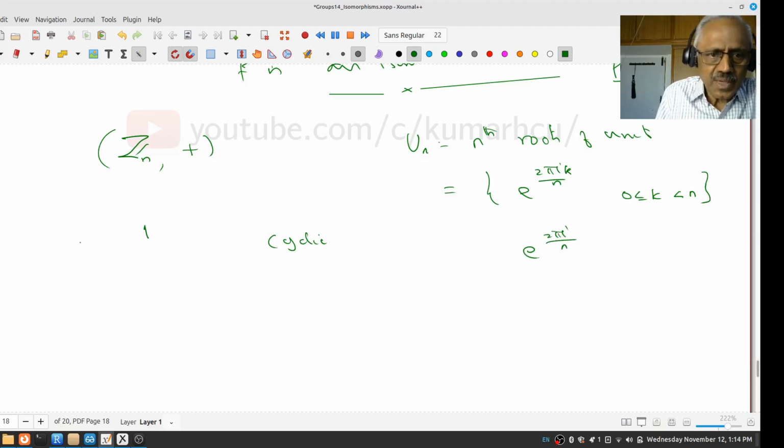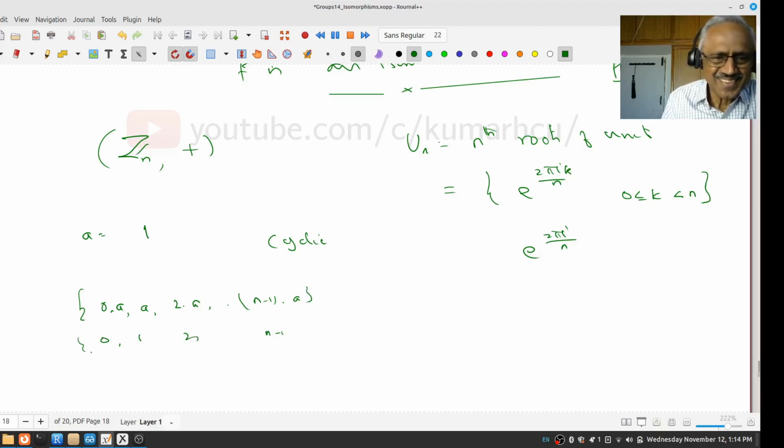So let us call this A. Therefore all elements of this are 0 times A, 1 times A, 2 times A, up to n minus 1 times A, which is of course the same as 0, 1, 2, up to n minus 1. Are you following? Here if I call this B, all the elements are b^0 which is 1, b^1 which is b, b squared, up to b to the power n minus 1.